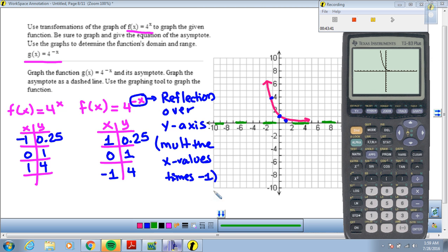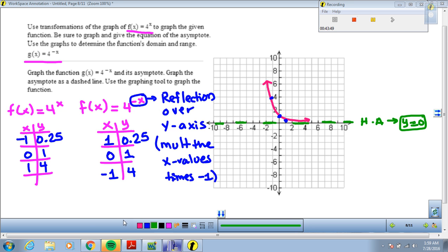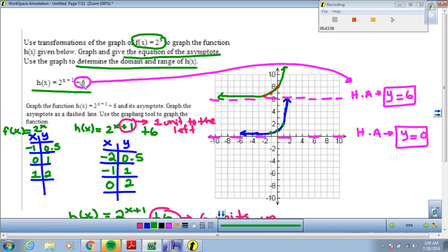Remember that I said the number of the transformation that shifts the graph up and down, that would be your horizontal asymptote. Like the previous problem, the plus 6 was the horizontal asymptote for the transformed exponential function. So why is it that when we don't have that plus something or minus something to the side, the horizontal asymptote is always at 0?